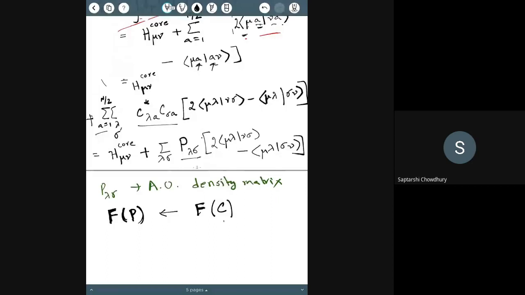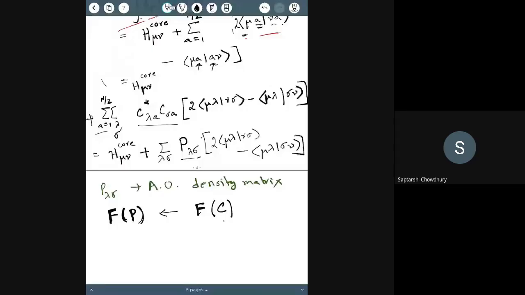So why do we go from C to P? That is because of the numerics. C has a much larger dimension. It is NAO by NMO, and every time you construct the Fock operator, you would have to do a matrix multiplication of C star and C. But the density matrix is only NAO by NAO, the number of atomic orbitals by number of atomic orbitals.